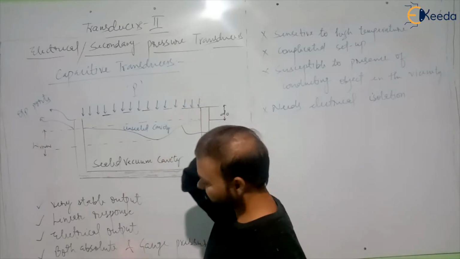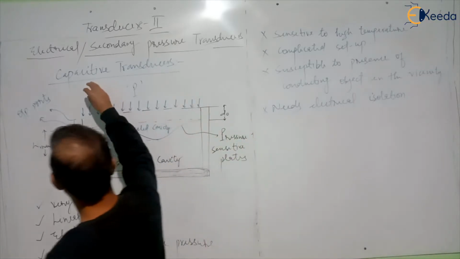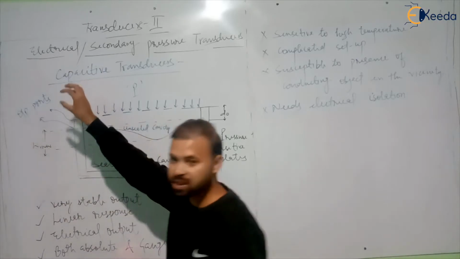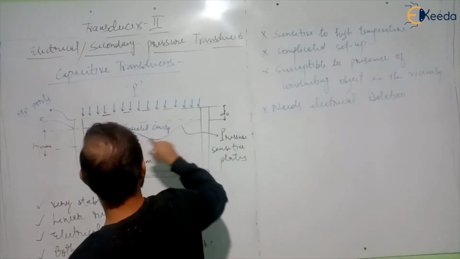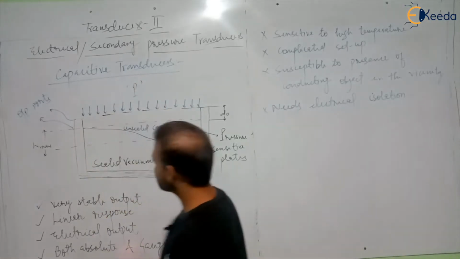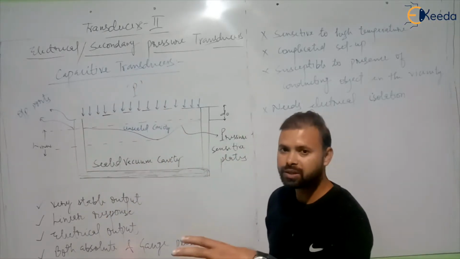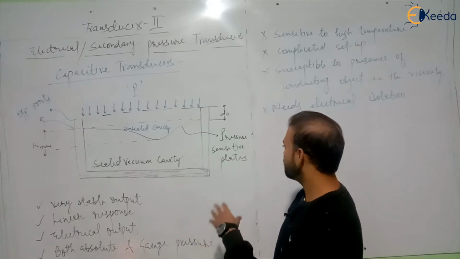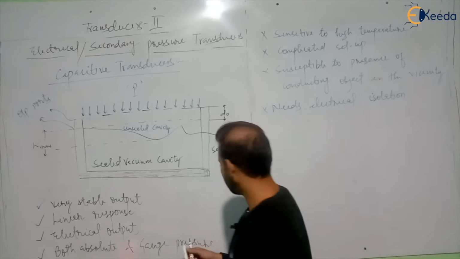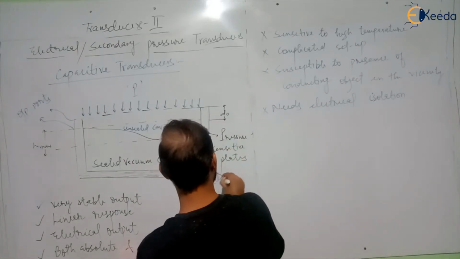In this type of transducer, first of all, this is your secondary transducer, and for the measurement purpose you need the output from the primary transducer. For example, this is a diaphragm.